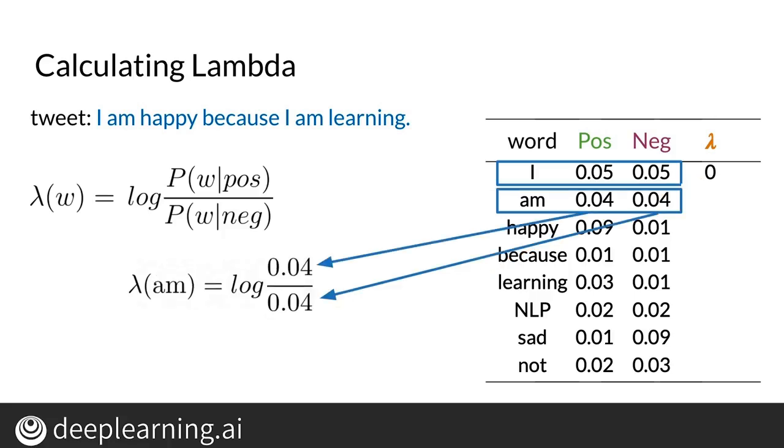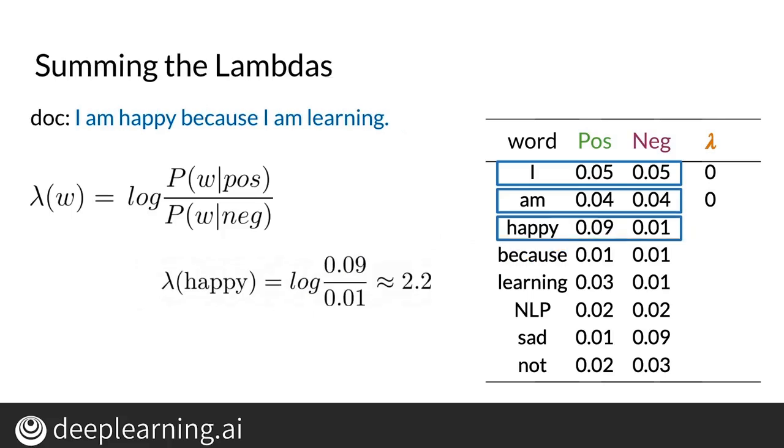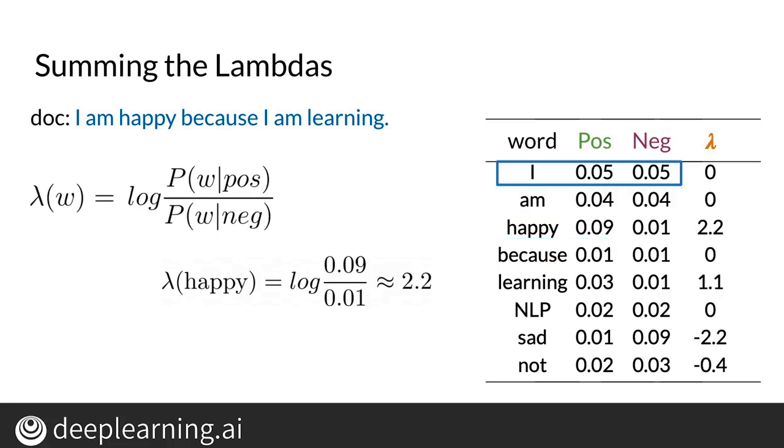For am, you take the log of 0.04 over 0.04, which again is equal to 0. So you enter 0 in the table. For happy, you get a lambda of 2.2, which is greater than 0, indicating a positive sentiment. From here on out, you can calculate the log score of the entire corpus just by summing up the lambdas.